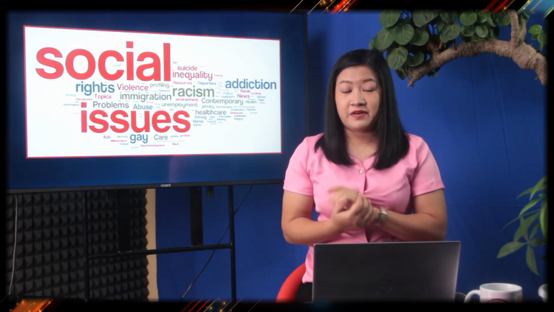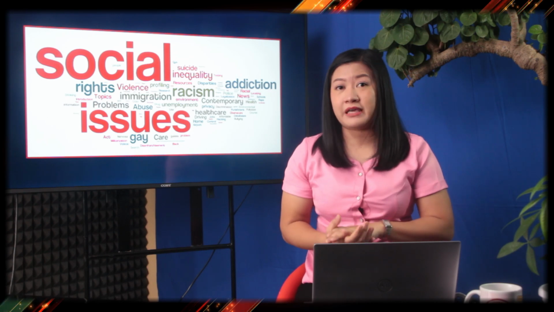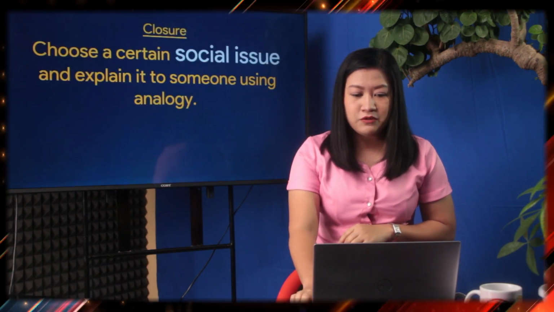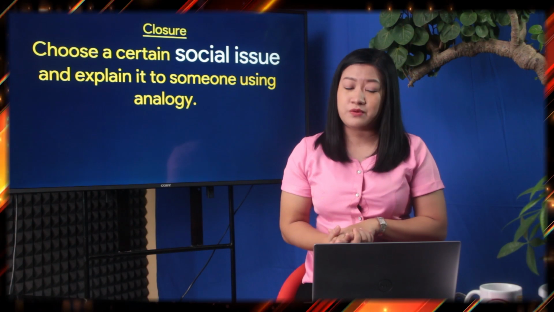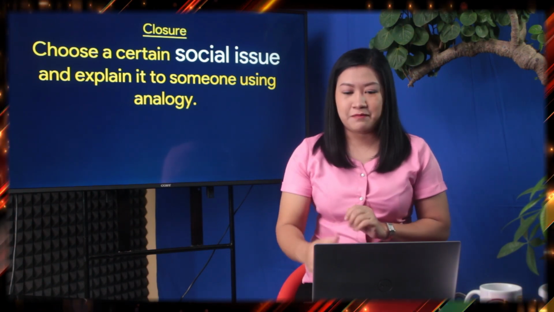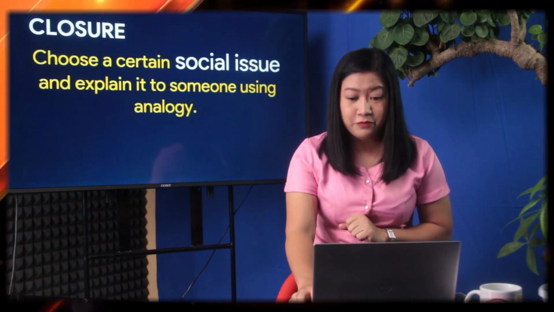It could be about violence, it could be about using or observing the health protocols, it could be about the healthcare, it could be about inequality, about anything that you can think of that is worth noticing. You are going to choose a certain social issue and explain it to someone using analogy. And please be guided by this rubric.